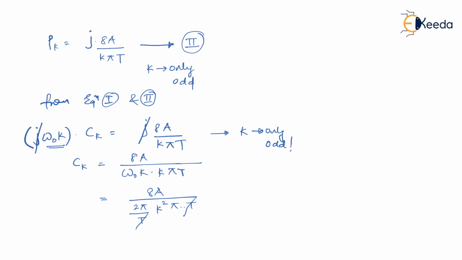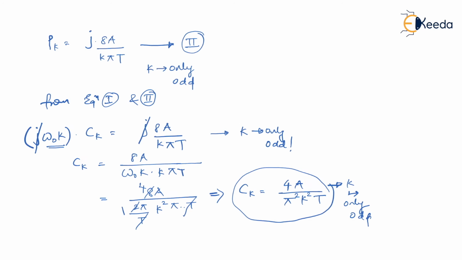And finally, I can write the value of ck as, 2 ones are 2, 2 fours are 8, so it becomes 4a upon pi square k square T. Is that right? Where k is only odd. Since this T got cancelled, we can remove this T. And finally, ck is 4a upon k square pi square.